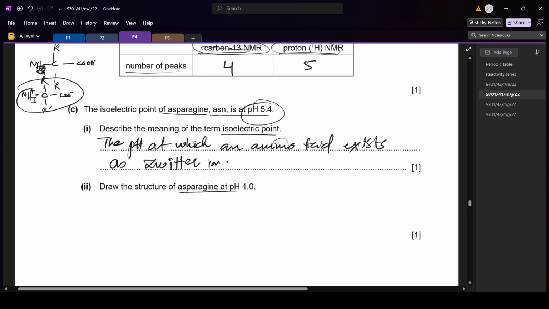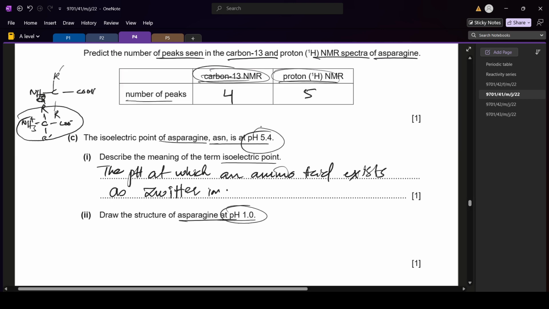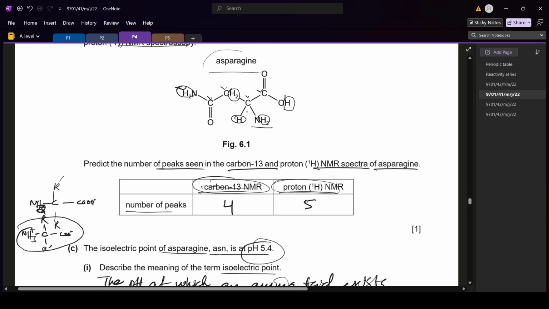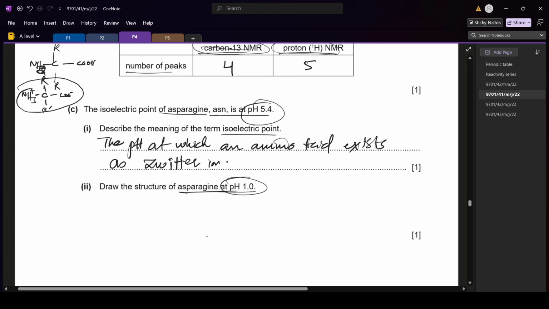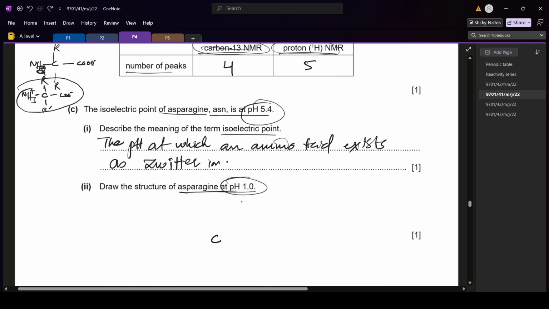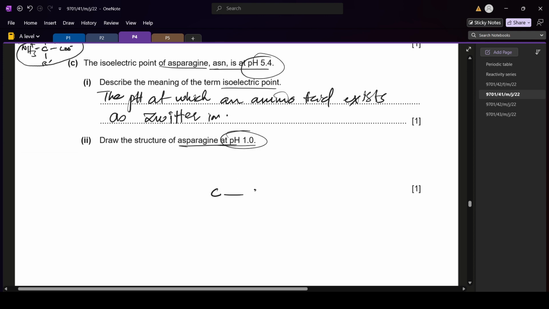Draw the structure of asparagine at pH 1.0. Okay, so you have to remember that a pH below the isoelectric point will give you the positive charge. Okay, so the structure of asparagine is like this. Okay, I'm drawing this again.